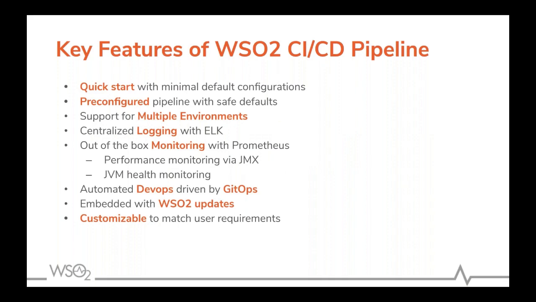As I mentioned, this requires a minimal set of configurations, and we support logging with ELK, monitoring with Prometheus, and this is driven by GitOps. Also, it is embedded with WSO2 updates with the in-place update tool, which is our latest update delivery mechanism in the WSO2 update history. And also, this pipeline is easily customizable to match your own customization.